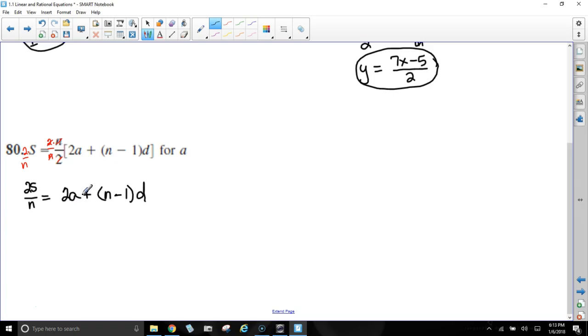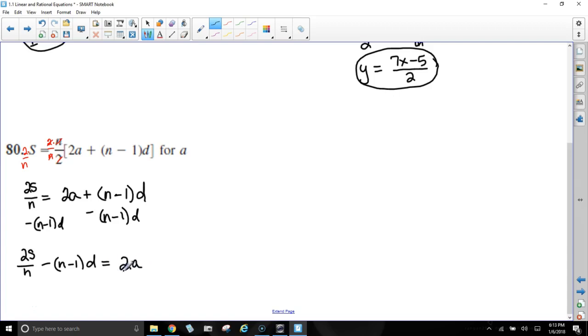We're trying to get a by itself, so let's move this term to the other side. We're going to subtract quantity n minus 1 times d from both sides. That'll give us 2s over n minus quantity n minus 1 times d equals 2 times a.